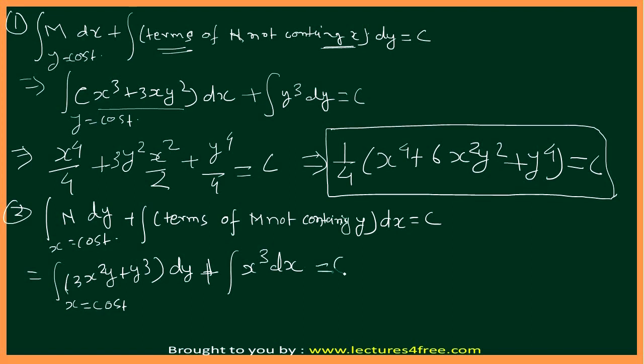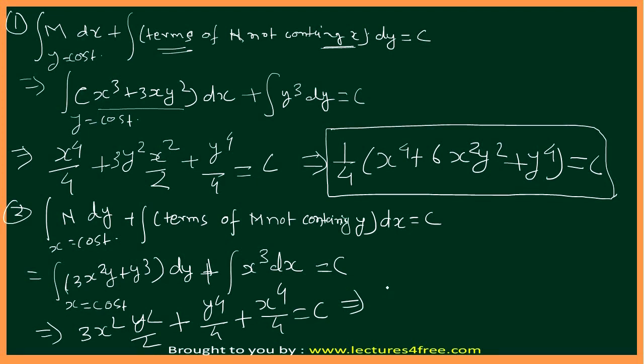is equal to c. Now the integration of 3x²y dy, keeping x as a constant: 3x² stays out, and the integration of y dy is y²/2, plus the integration of y³ dy, which is y⁴/4, plus the integration of x³ dx, which is x⁴/4, is equal to c.